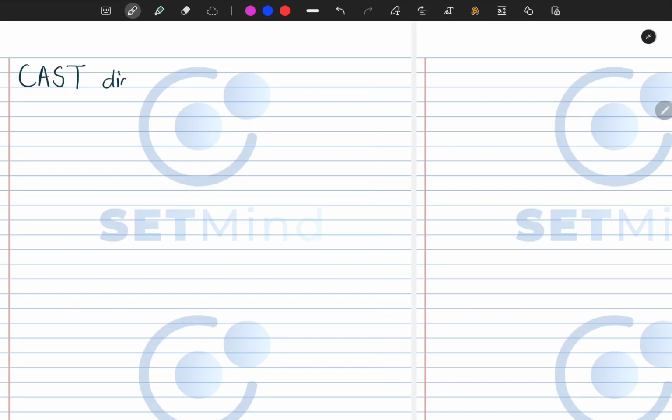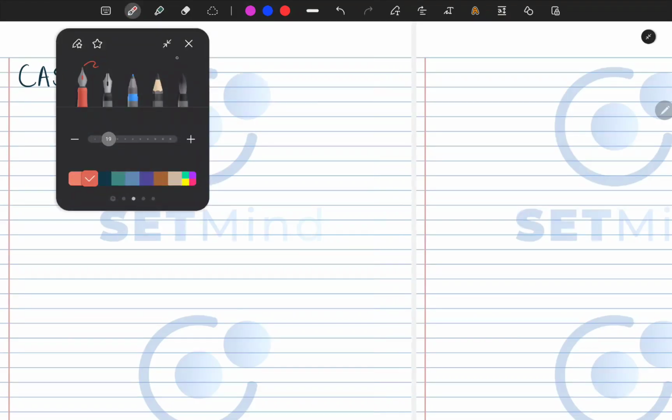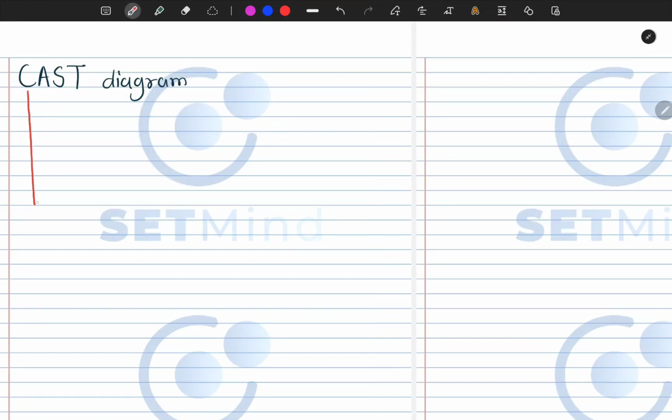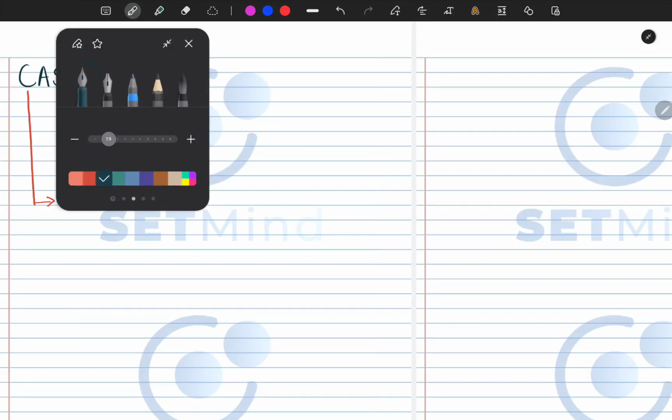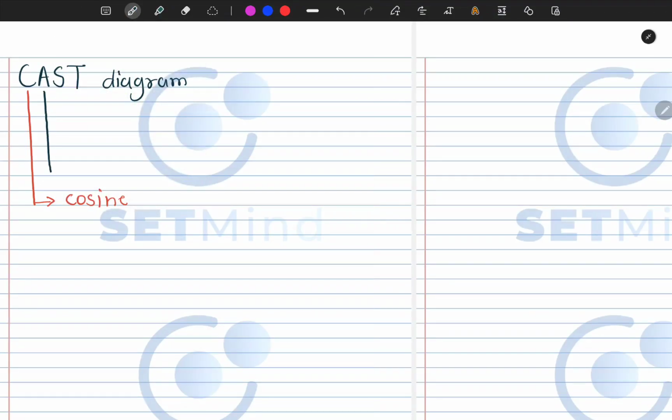There's something we call the CAST diagram, where the C stands for cosine, the A stands for all, the S stands for sine, and the T stands for tan, which is called tangent.